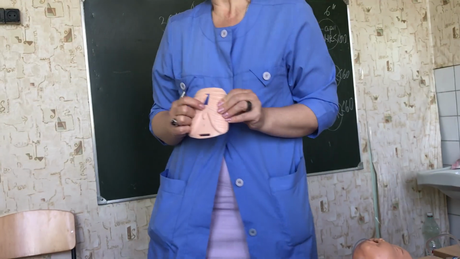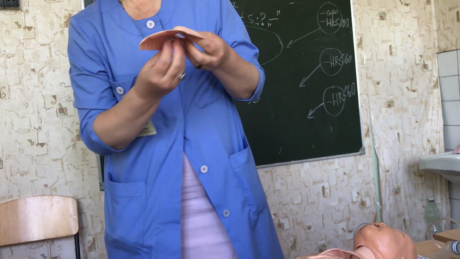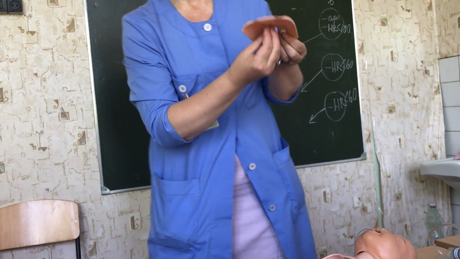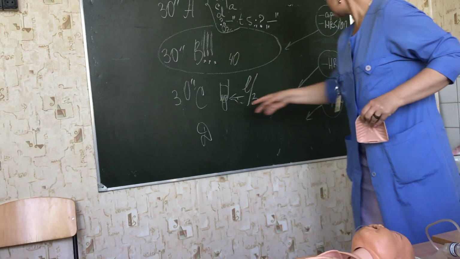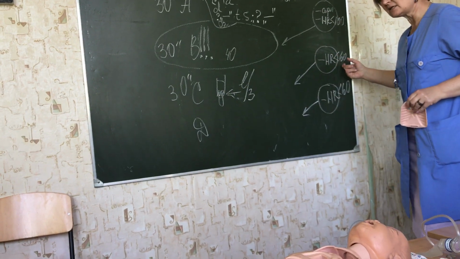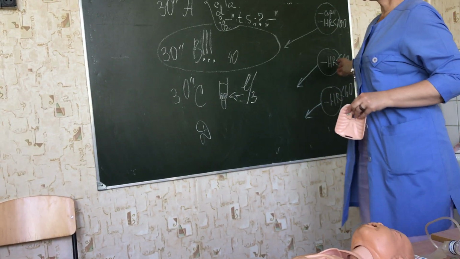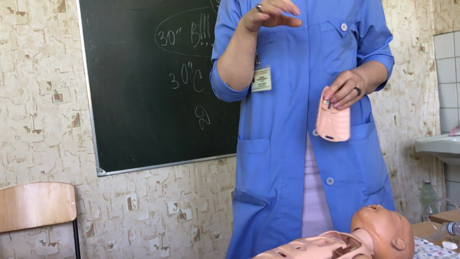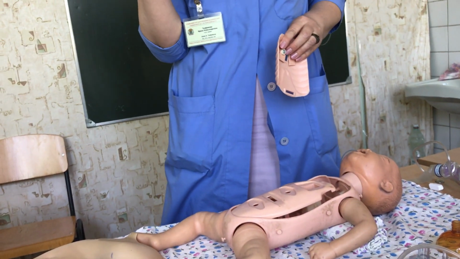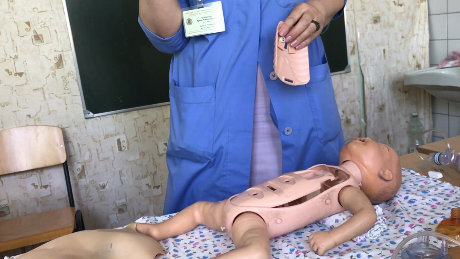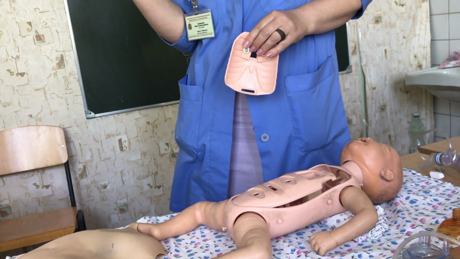Here, the lower third, because the heart is localized here, and the indication for step C is heart rate less than 60. Normal heart rate which characterizes a newborn: you remember, according to the Apgar score, if heart rate after birth is more than 100, this is good.